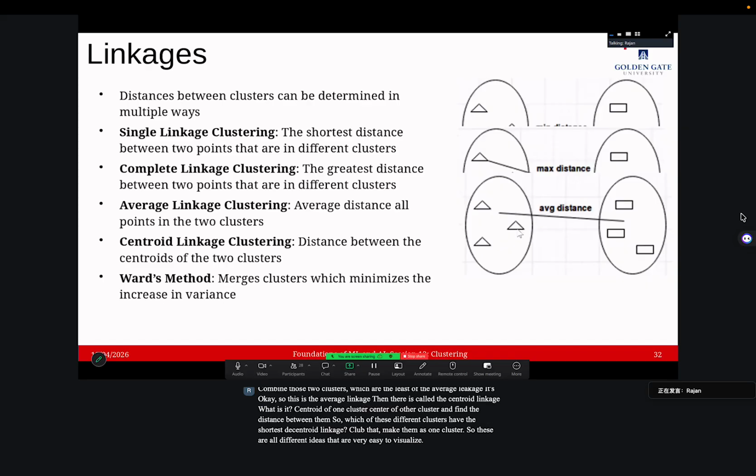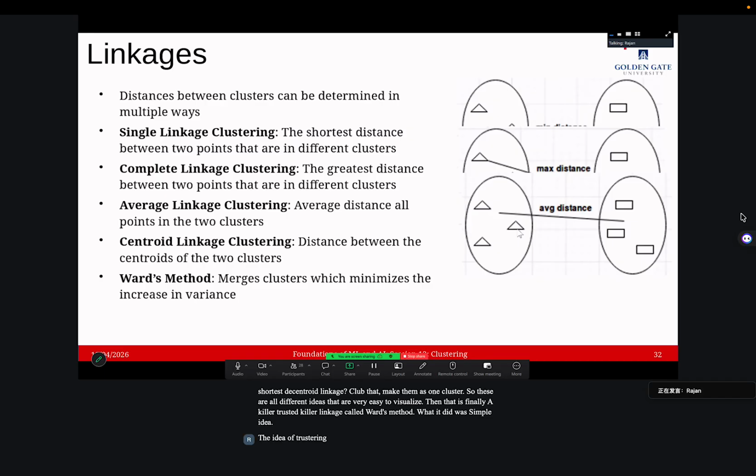Then there is finally a killer linkage called Ward's method. What Ward did was a very simple idea. The idea of clustering is to ensure that points in the same cluster are very similar.